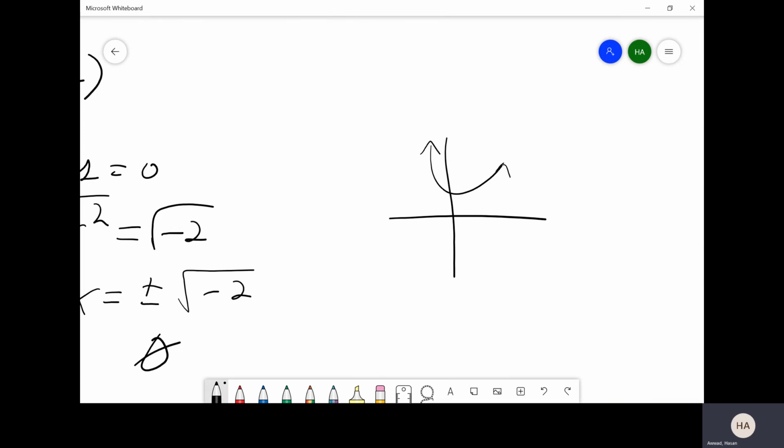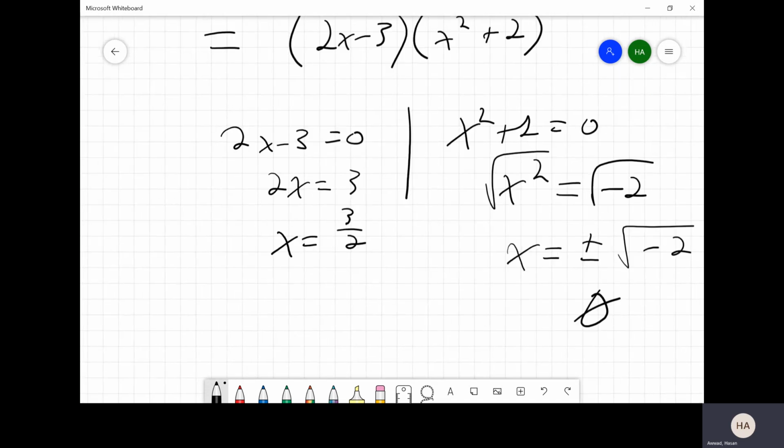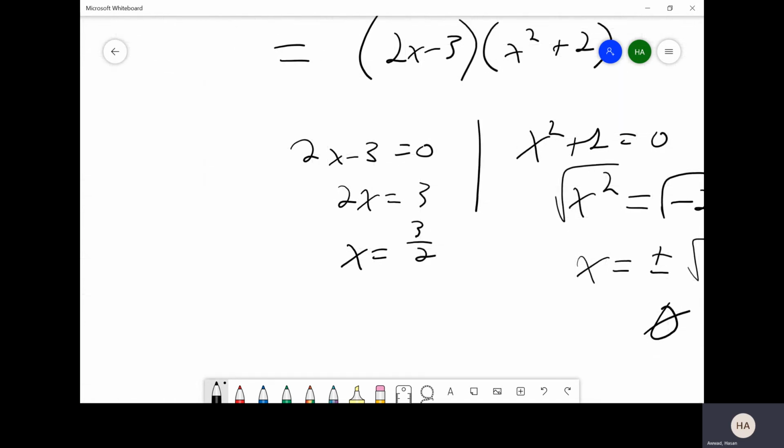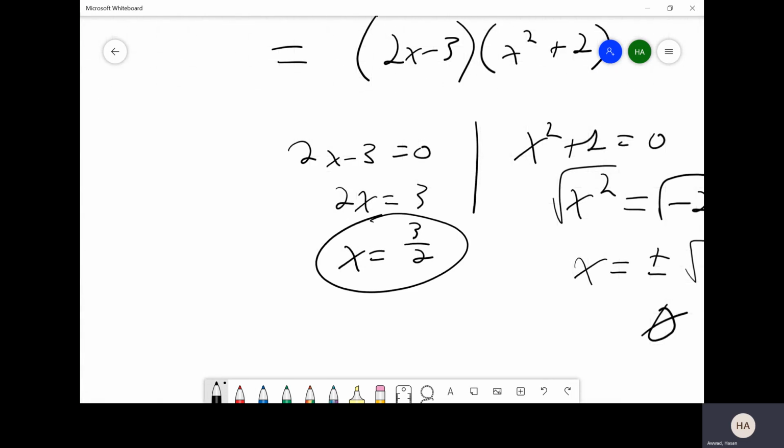My apologies, but it should still get my point across that the parabola is never hitting the x-axis, right? So as a result, it should make sense that you're going to get no solutions for this factor. And so our only x-intercept, the only real solution of our function up above here is x is equal to 3/2.